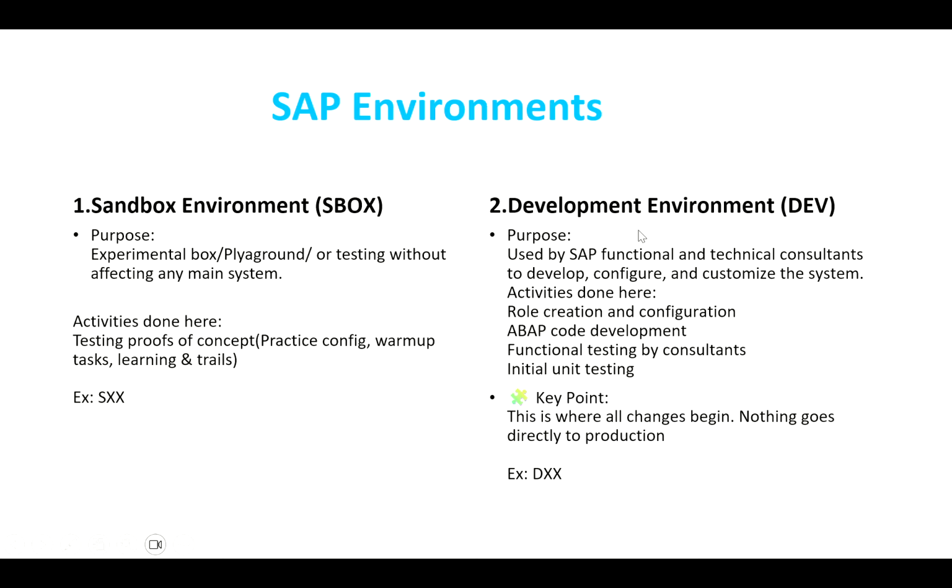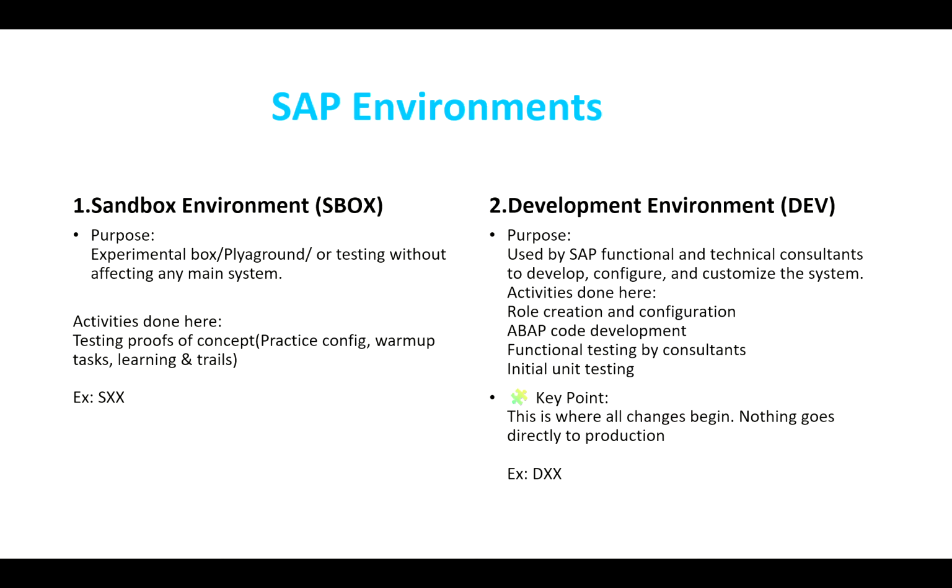Next is the development system. Again, please check with your team members what the development system name is. Here the functional and technical teams develop the configuration and customize the system as the business requires and the client expects. The SAP technical consultants and functional team hold sessions to understand the client's requirements.